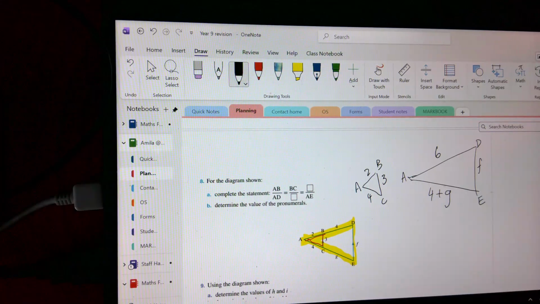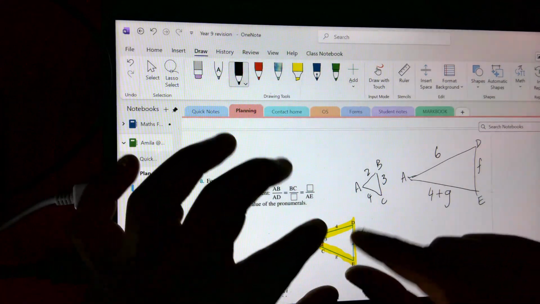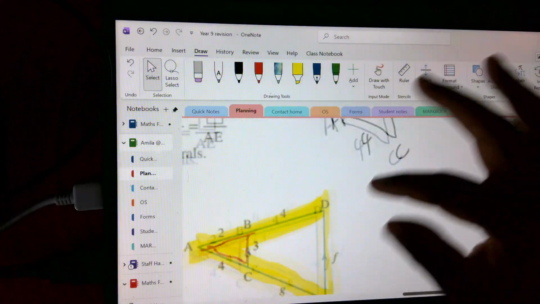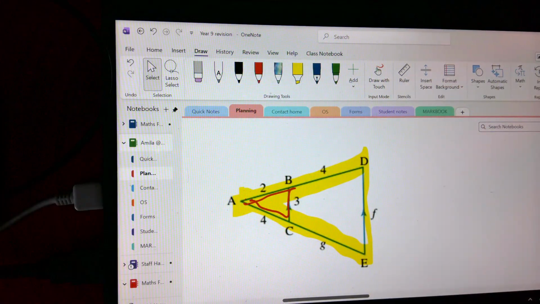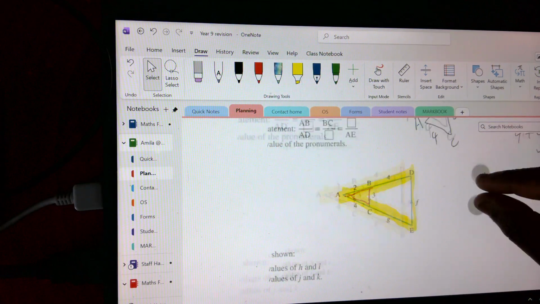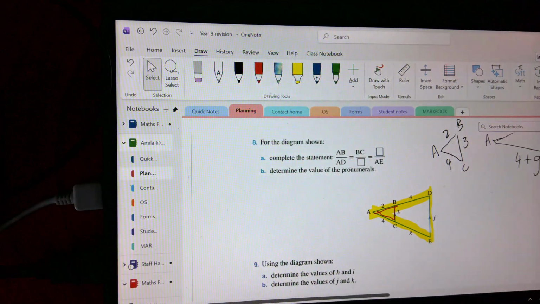Now this question, if I gave you just this diagram and I said, hey, find out G and F, that automatically makes it a B standard question, because that's quite complex to do on your own if you don't have that statement given.